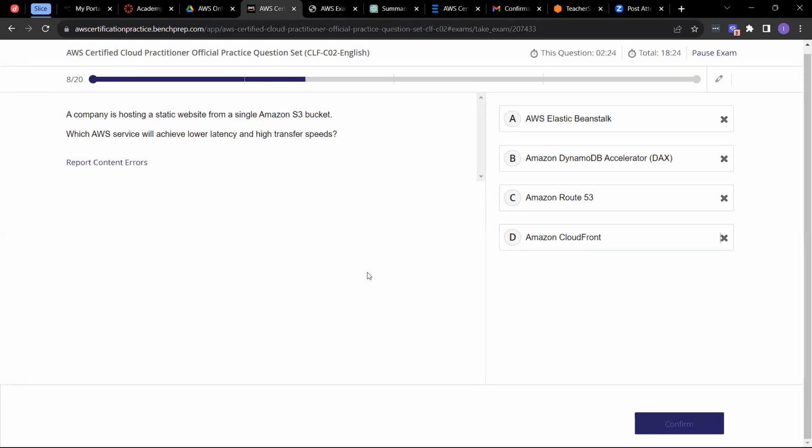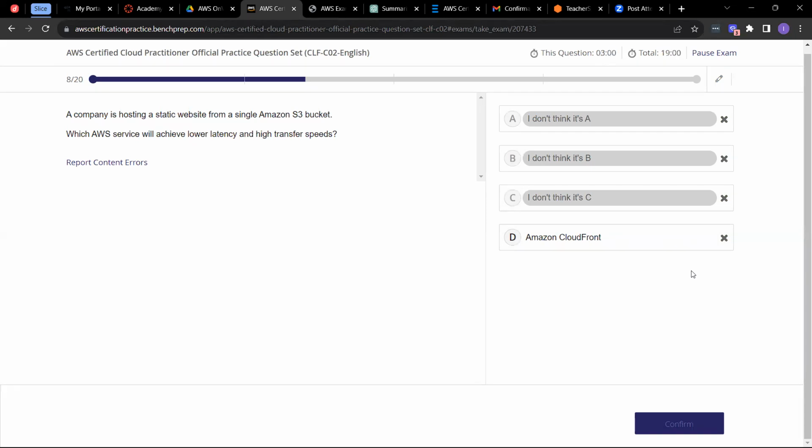So the person who chose B, DynamoDB has to do with NoSQL database, so that one is automatically out. Elastic Beanstalk is about quickly deploying applications, so that one is also out. Route 53 is a DNS service, like a domain. So it leaves CloudFront.